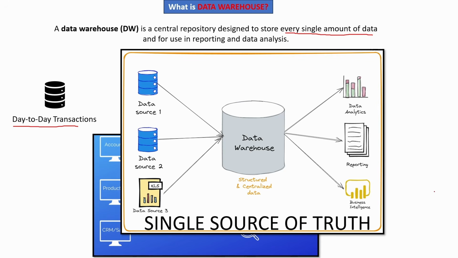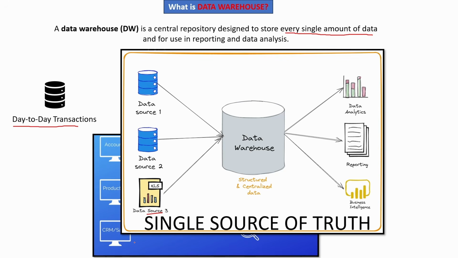It aggregates large volumes of data from multiple data sources like data source 1, 2, 3. So this is a place where we have all the data stored in a single repo. Okay, it acts as a single source of truth for your data.